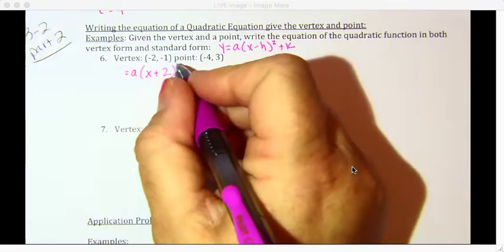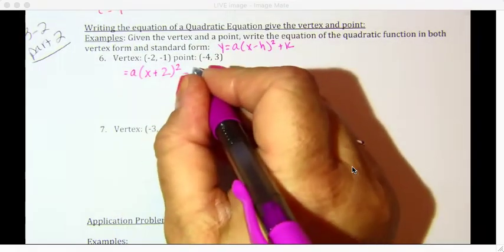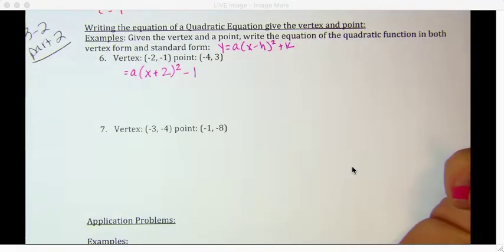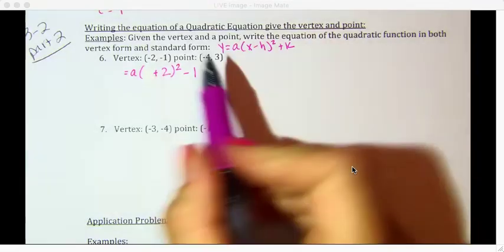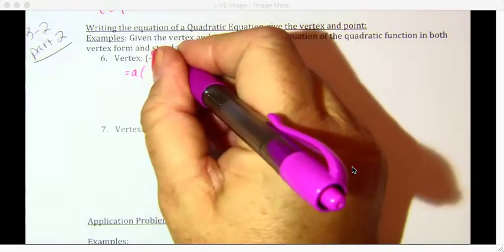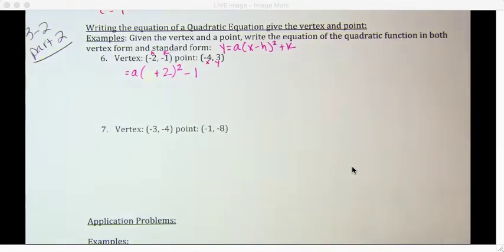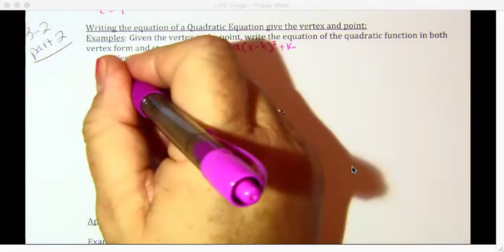And then plus k, but my k is -1, so -1. Now, instead of x and y, I'm going to plug in the x and y values from this point. So this is my x and this is my y. This was my h and this was my k. So my x is -4 and my y is 3.